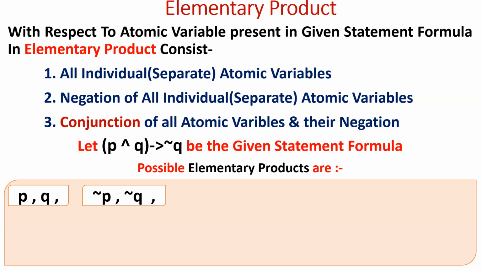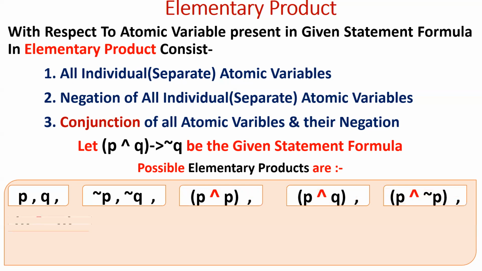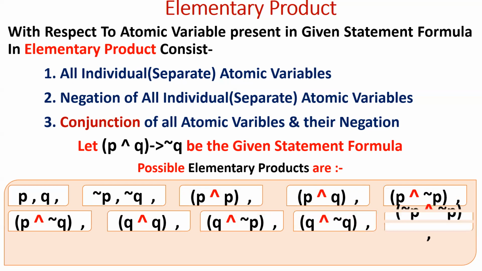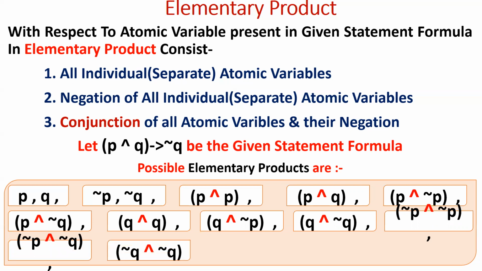So here we have P conjunction P, P conjunction Q, P conjunction negation P, P conjunction negation Q, Q conjunction Q, Q conjunction negation P, Q conjunction negation Q, negation P conjunction negation P, negation P conjunction negation Q, negation Q conjunction negation Q. Have you understood clearly?